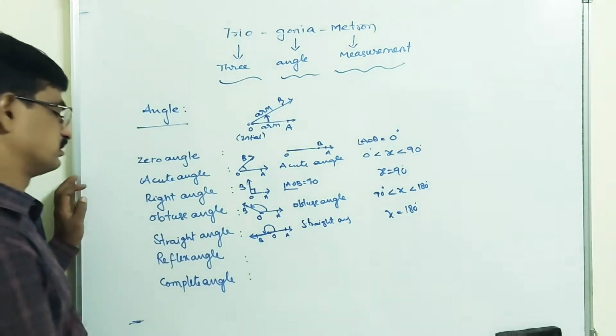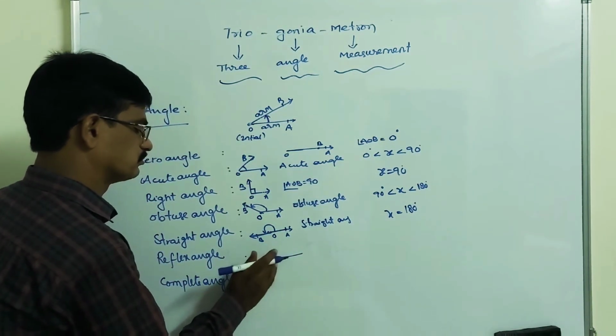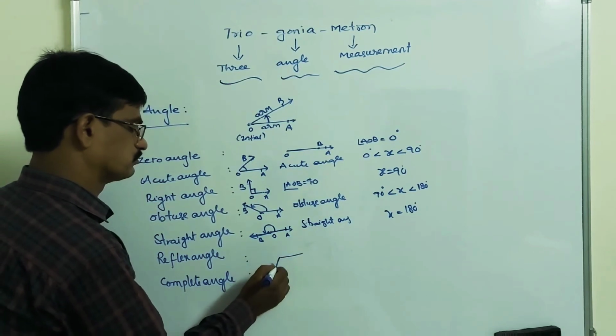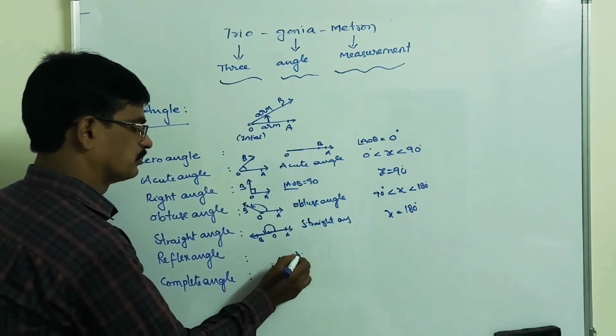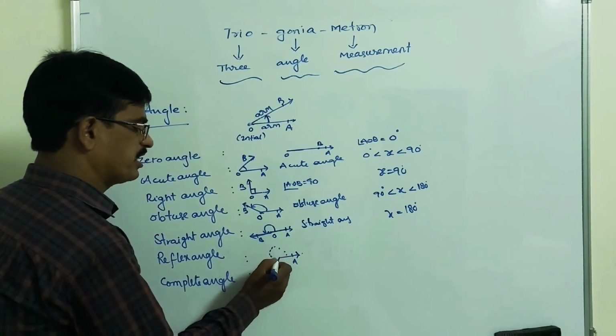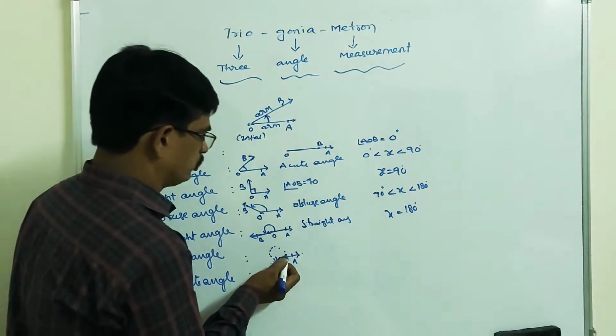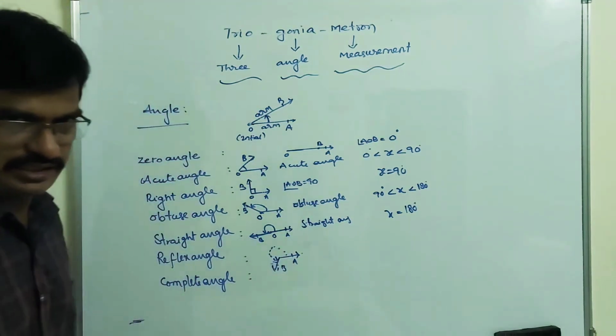Then reflex angle. This is OA and this is OB. Now OB is the terminal side. It rotates in the anti-clockwise direction.